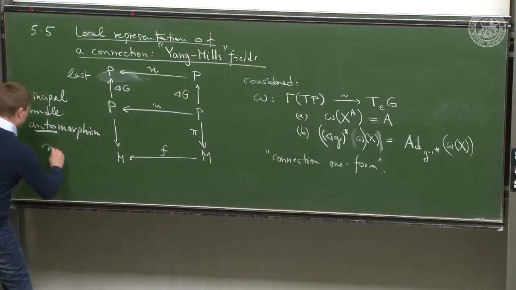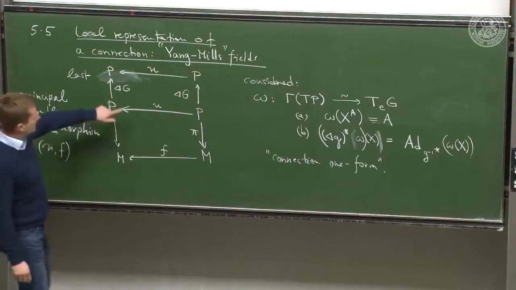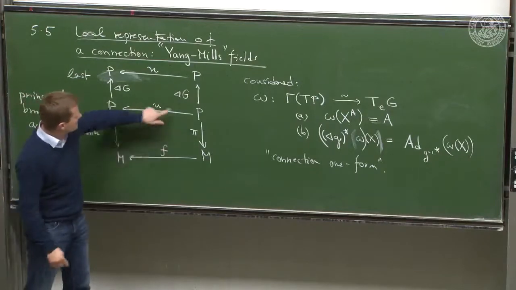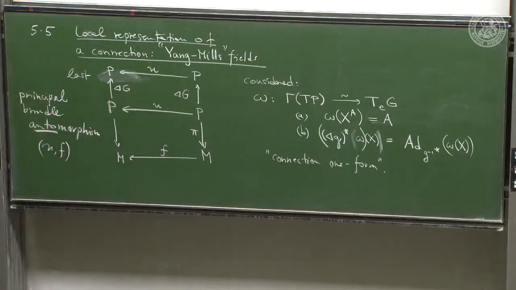If you have such a principal bundle automorphism, you know that there are these two compatibility conditions that the diagram commutes here and commutes here. We wrote this down several times.